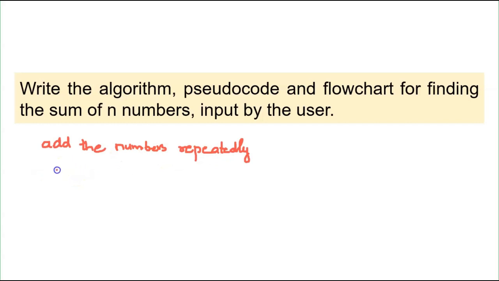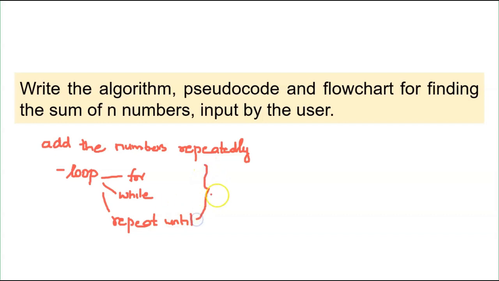So this can be implemented using a loop, and we know that a loop can be implemented using for or while or repeat. But these all come in the pseudocode. This is what comes when we are discussing the pseudocode. But before that, let us see how we can write the algorithm and the flowchart.